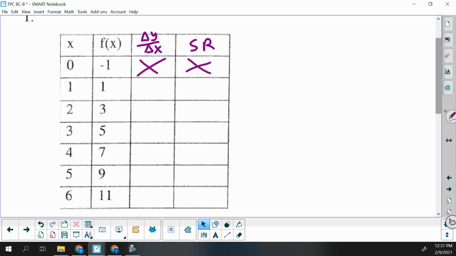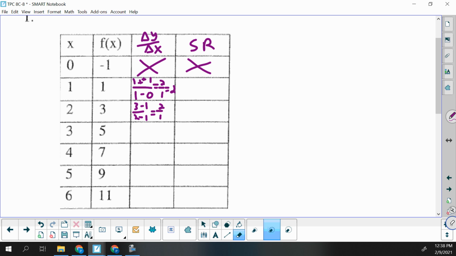So we got to do y minus y over x minus x. So we'll do 1 minus a negative 1 over 1 minus 0. Well, minus a minus gives us a plus, so that'll give us 2 over 1, which is just 2. Next, we'll do 3 minus 1 over 2 minus 1.